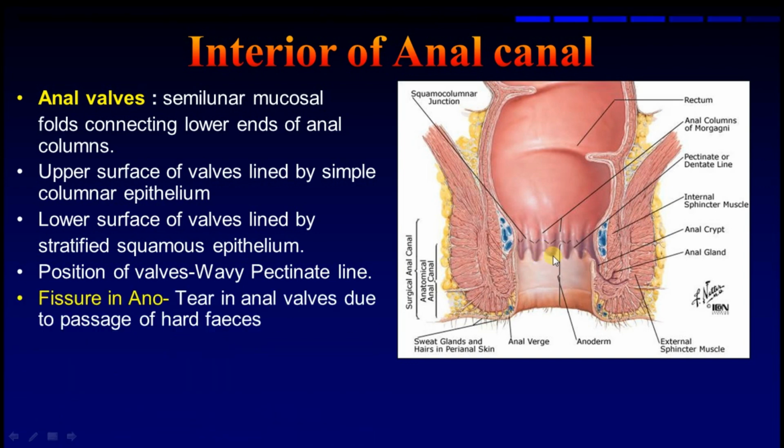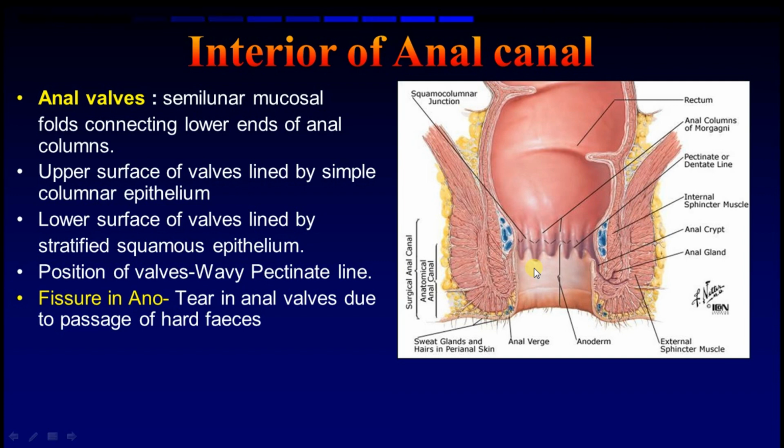If one of these valves is torn due to the passage of hard feces, then it is called a fissure in ano, or anal fissure. So anal fissure, again, is a very painful burning sensation while passing stools. Usually you feel the burning sensation after the passage, and it might last several hours.